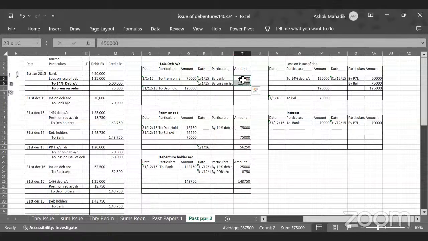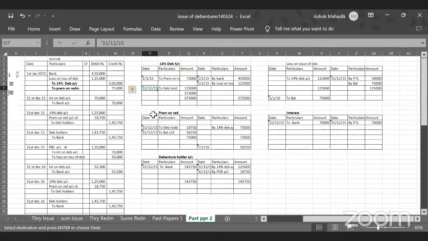Total is 5,75,000. So I'll write here 5,75,000. Okay. Minus about two amounts. So it will be 5,75,000 minus 75,000 minus 1,25,000. So balance remaining is 3,75,000.